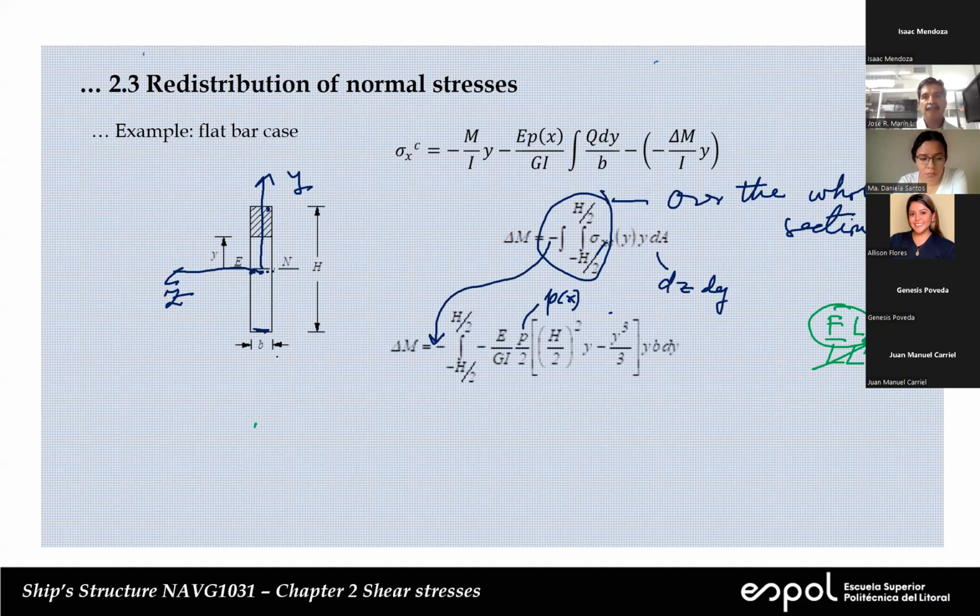Now, after we complete calculating delta M, you see here that instead of dz, we have obtained the integration, which is b. We can proceed with the calculation, and we are integrating in y, and that's easy.